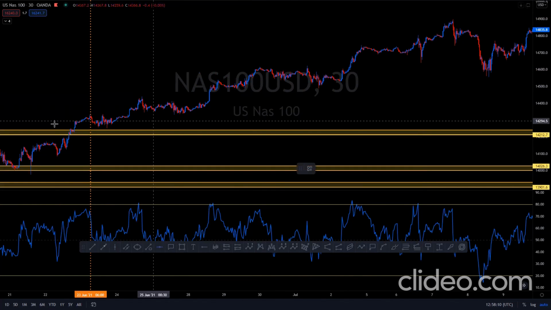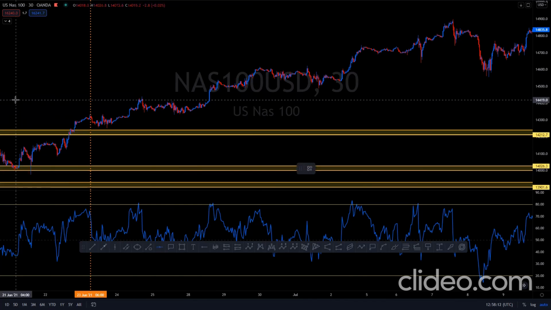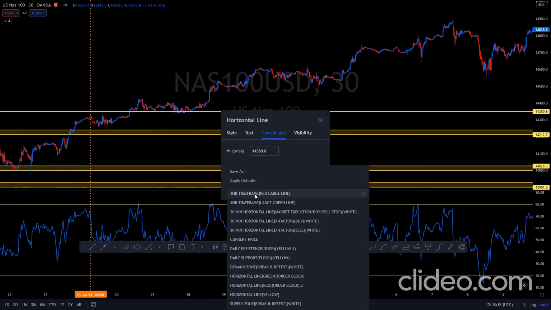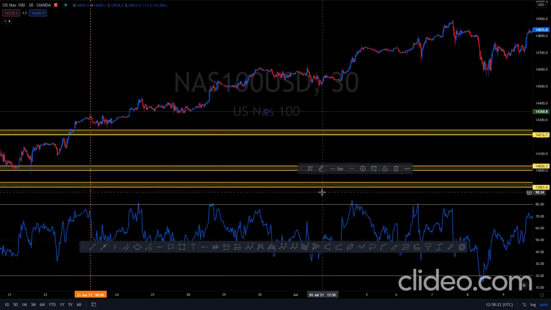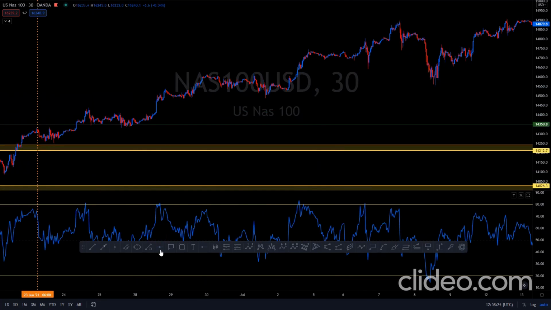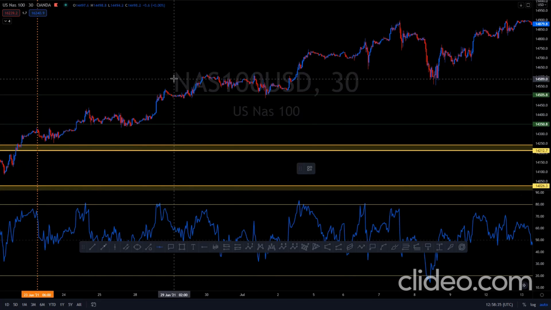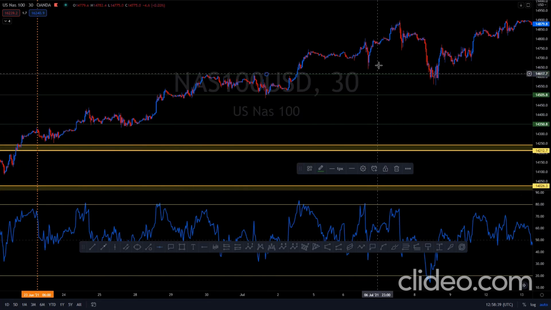So let's say this is some good liquidity here. We're going to change this to green. Right, so this is a good one. That's a good one. Put another one right here, that is good as well.